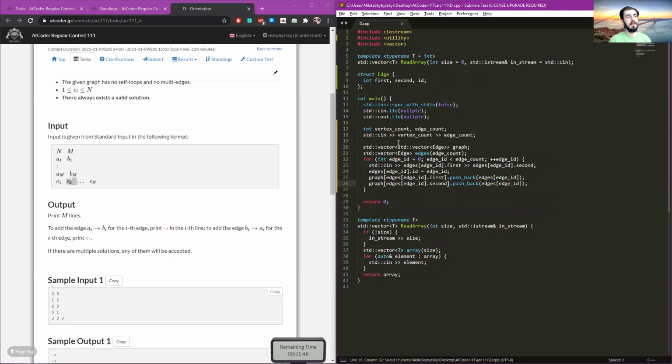And I add the edges explicitly because I want their ID. But now that I think about it, we probably need source and destination. Here we'll keep first and second, but it will mean something different.